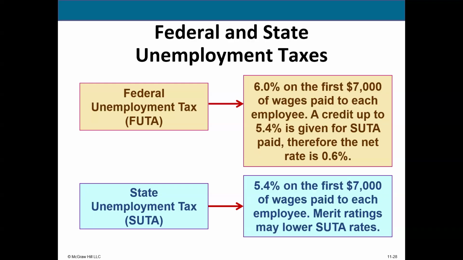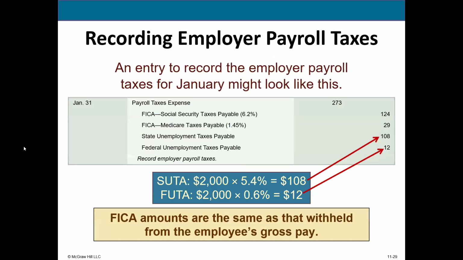And then it goes down a little bit thereafter. So very, very typical. But these are what your employer pays. This is more or less of a benefit for you if you ever become unemployed.